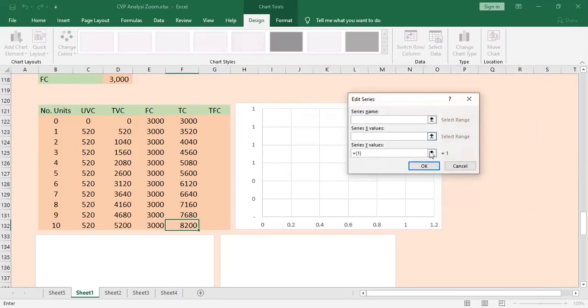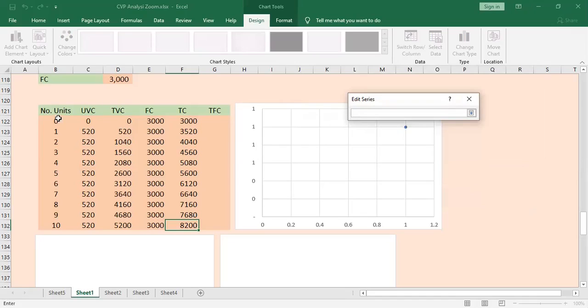I am going to put this output range into the X series, starting from 0 going up to 10.